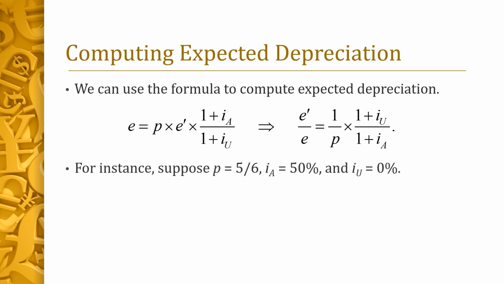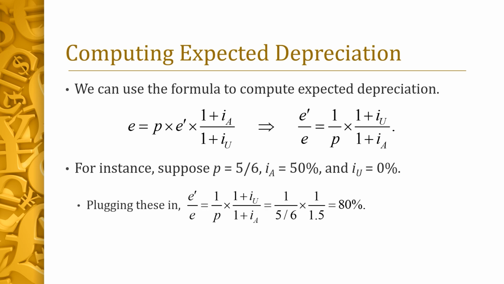For example, suppose the repayment probability P is 5/6. Suppose also that the Argentine net interest rate IA is 50%, and the U.S. interest rate IU is 0%. Plugging these values into the formula on the right, we obtain E prime divided by E equals 1 over 5/6 times 1 over 1.5.